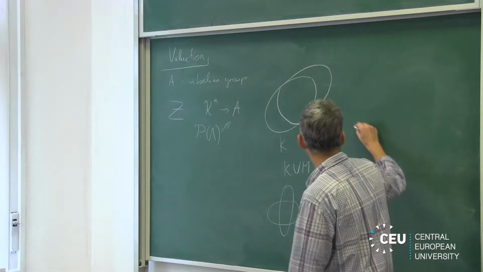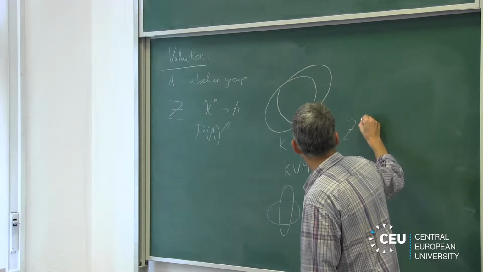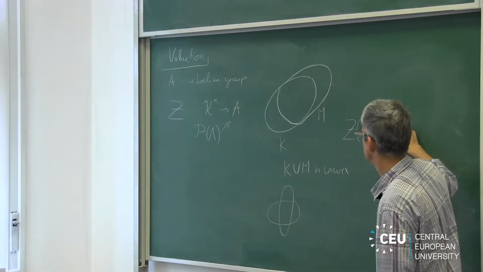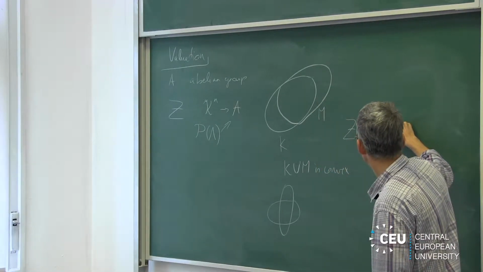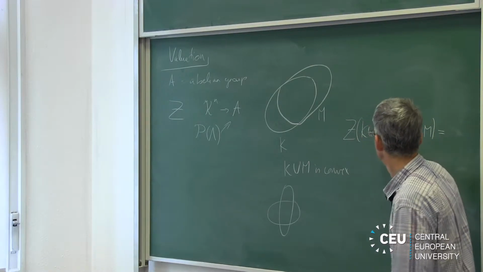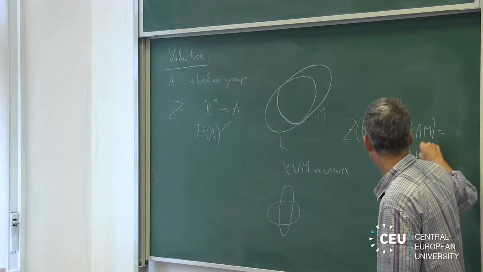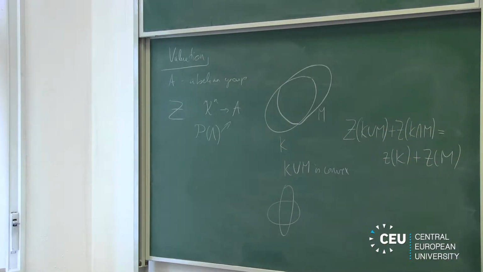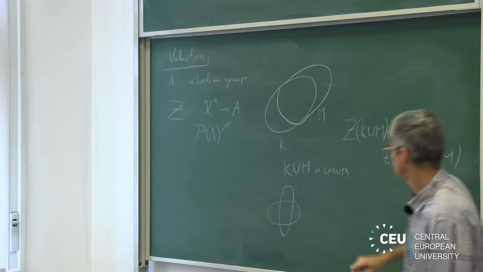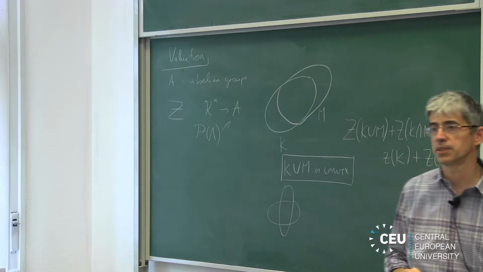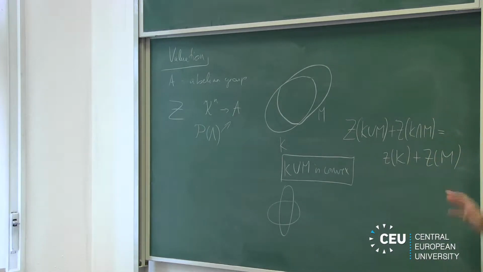In this case, I require that Z of K union M, which is now convex, so it makes sense, plus Z of the intersection equals Z of K plus Z of M. This condition is important, otherwise the whole thing doesn't make sense. There are special cases when it does, but in general.